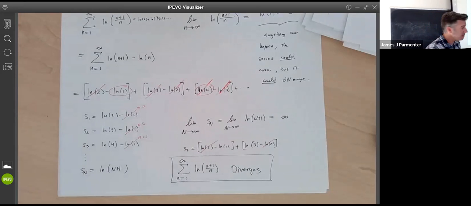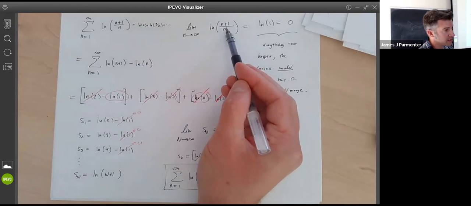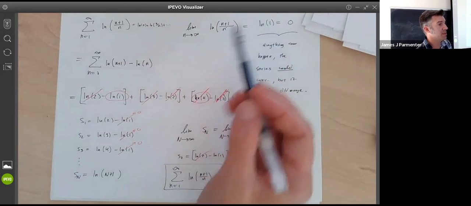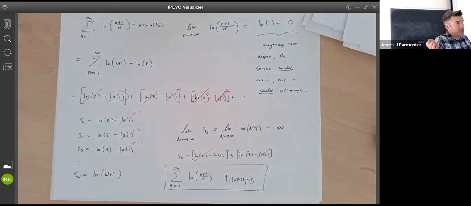Here's a good example of a series whose sequence converges to 0, but the series itself still diverges. So I want to make it extra super clear. The sequence could converge to 0, and the series can really diverge or converge. Both are a possibility. I mean, either is a possibility. You can't do both. It can do one or the other.